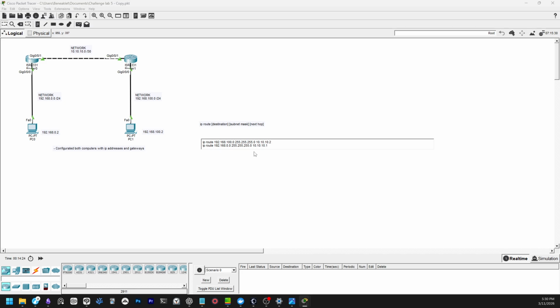This command is done in router 1. The first one, sorry, is done on router 0 when configuring it, and the second one is done in router 1.